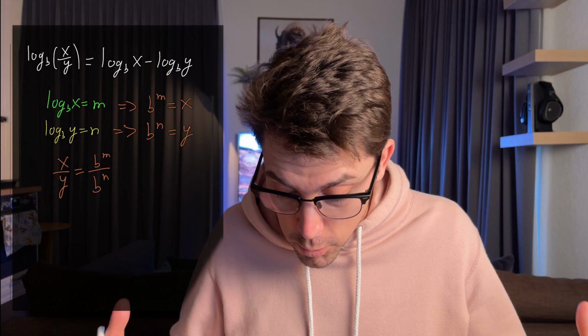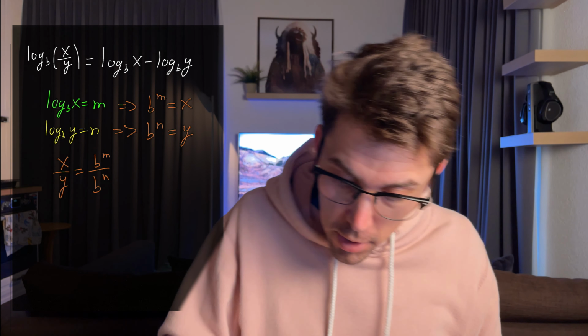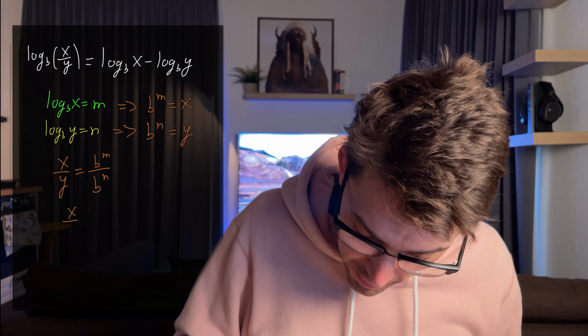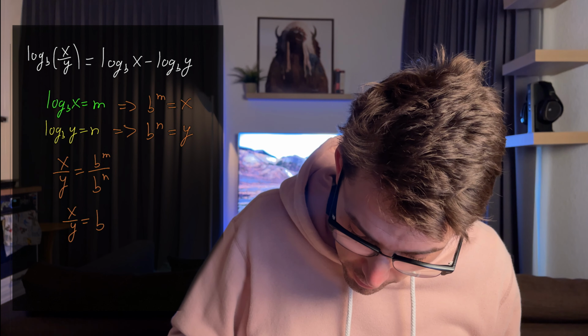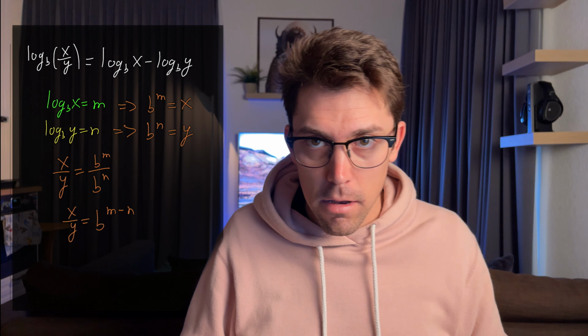When we have the same base, b, and it's also in the denominator, what we can do is just subtract the exponents and write it as one base. So x over y is equal to b to the power of m minus n. Again, if you don't remember that, we've got the link to the video in the description or in the corner. It'll be somewhere, you'll find it.